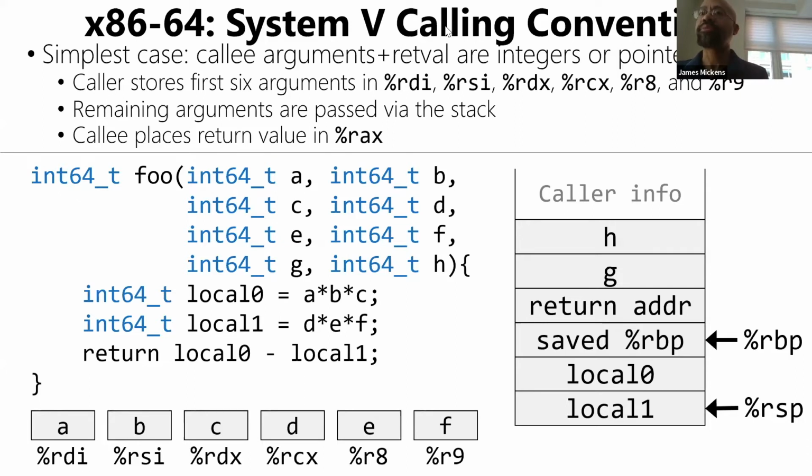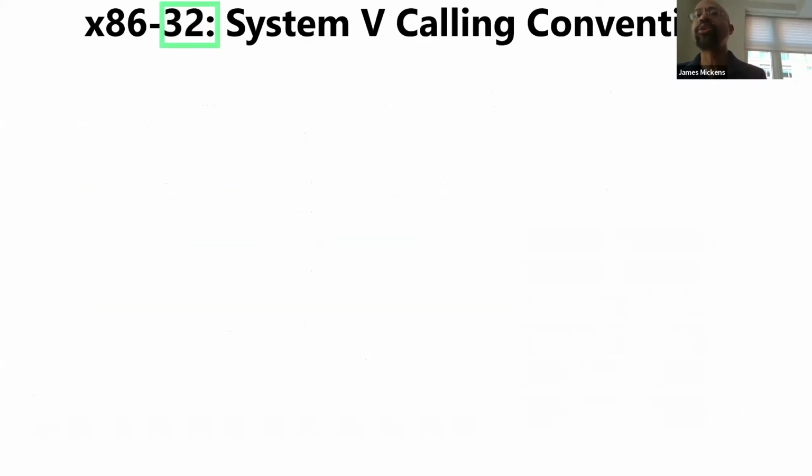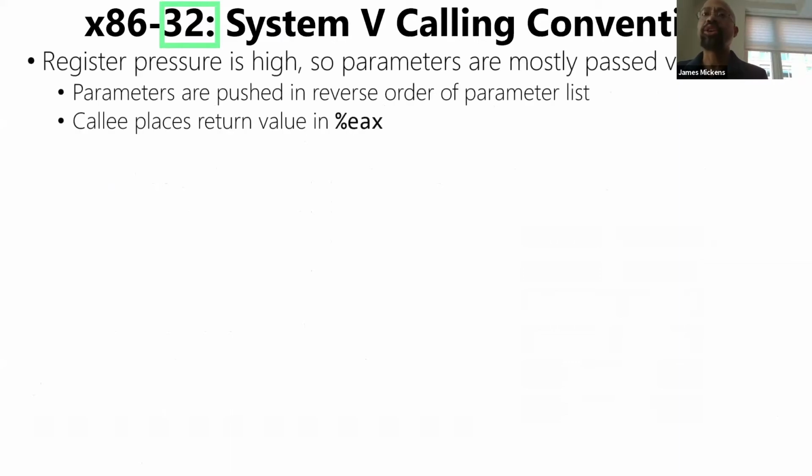All right. So this is how the calling convention works for a 64-bit x86 system. And so now let's look at how things work on a 32-bit x86 system. In a 32-bit x86 system, the register pressure is high, and that's because there aren't a lot of registers.